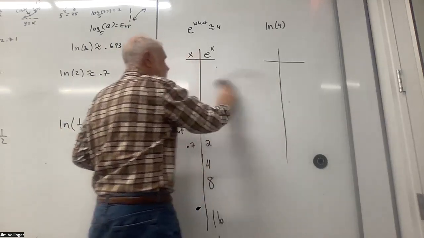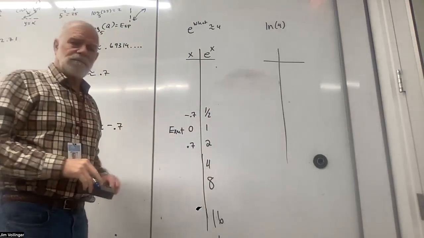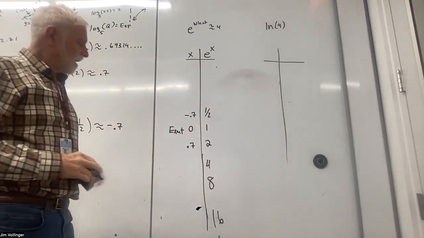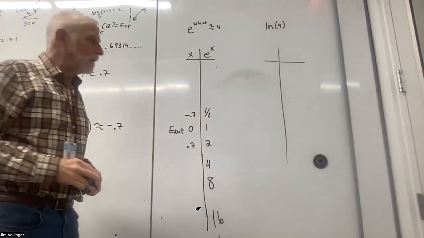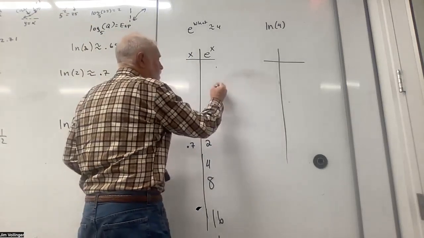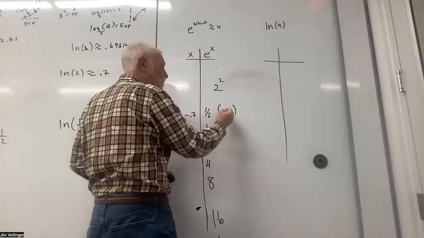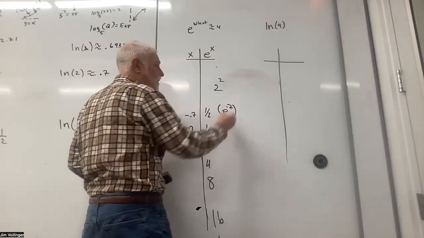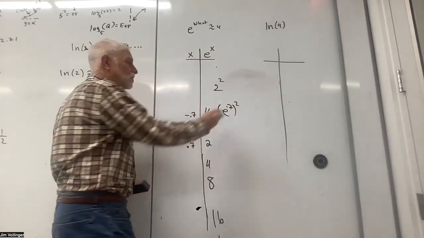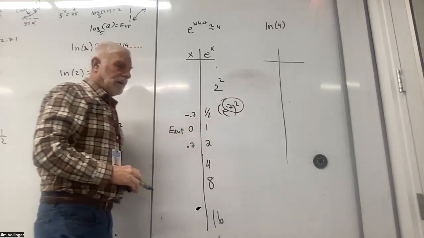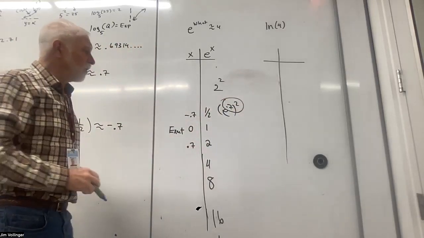So what would we do to get the exponent on top of e that gets a 4? Well, we know 2 squared is 4, and we can say that 2 now is e to the 0.7. I think our rules of exponents come into play. Looks like it's 1.4.